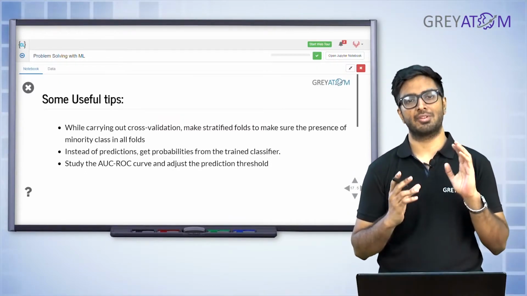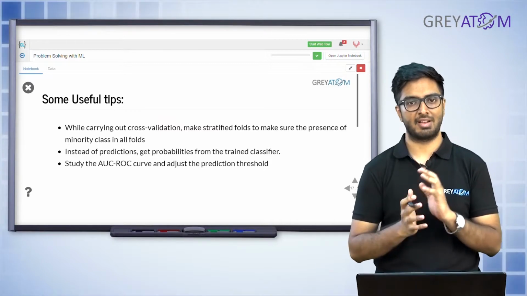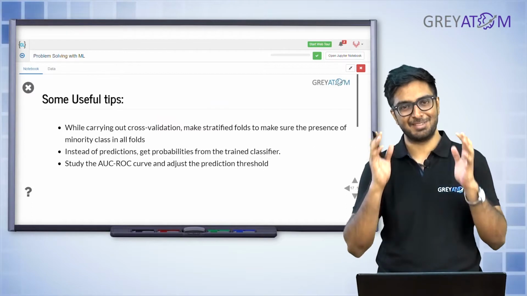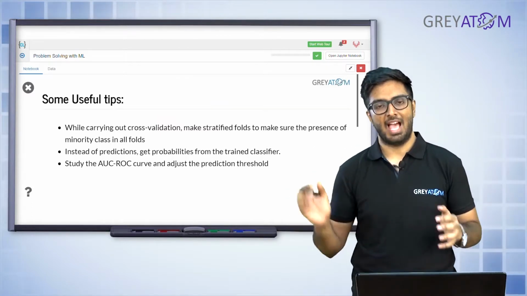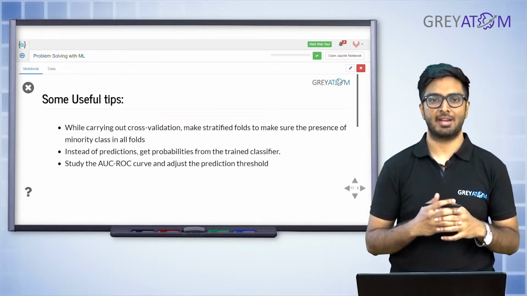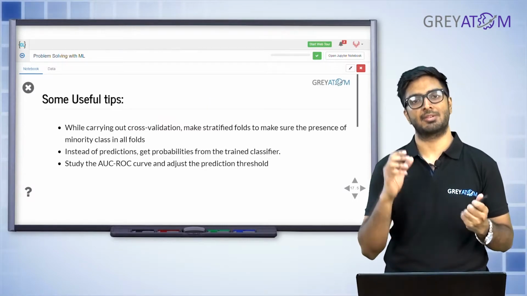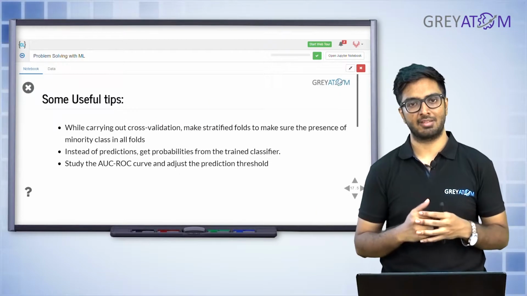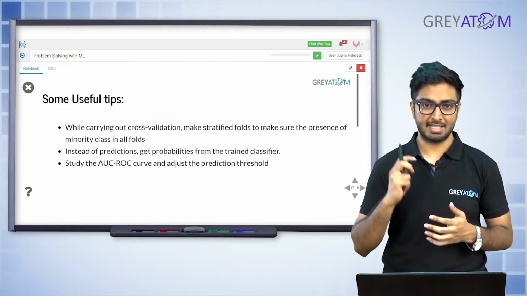If you do the normal random cross validation, which uses random subsamples, that's not a very good idea, because you might end up with specific folds not having the minority class at all. That's something you want to avoid.